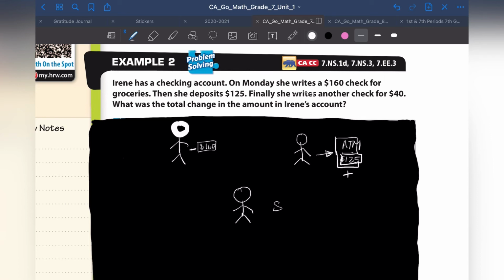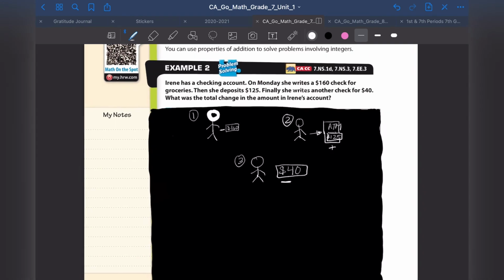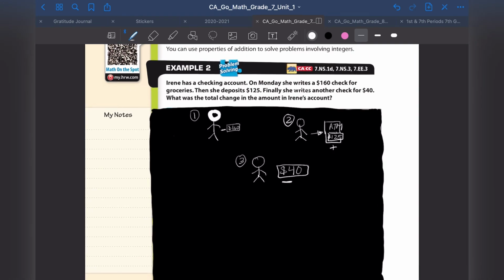So that's another negative number. Right? So this happened first, then second, and then third. Alright, so they want to know how much money she has left in her account. Okay, so we started with 160.